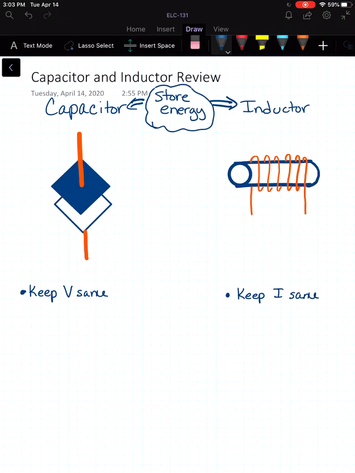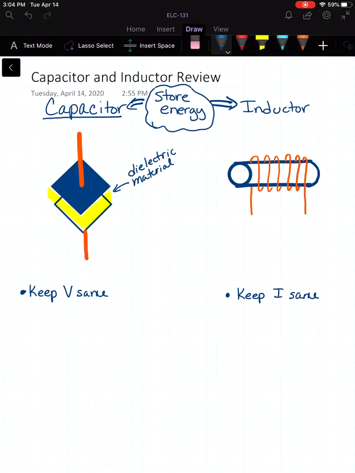So let's talk a little bit about the makeup of the capacitor. We've got these two plates, and there's some separation between them, and there can be some kind of material between them as well. We call that the dielectric material. Depending on what that material is, we can set up either a strong electric field or a very weak electric field.